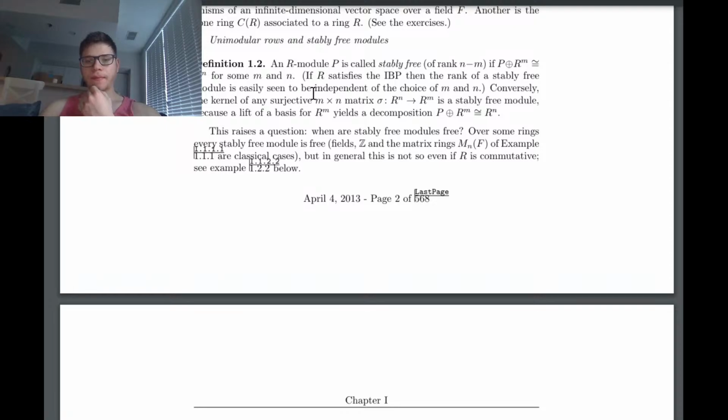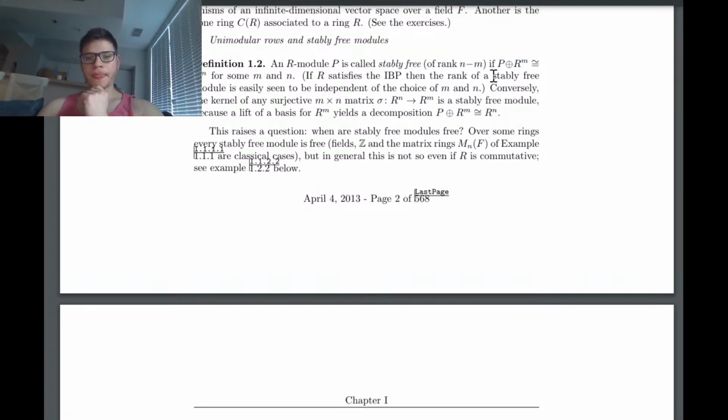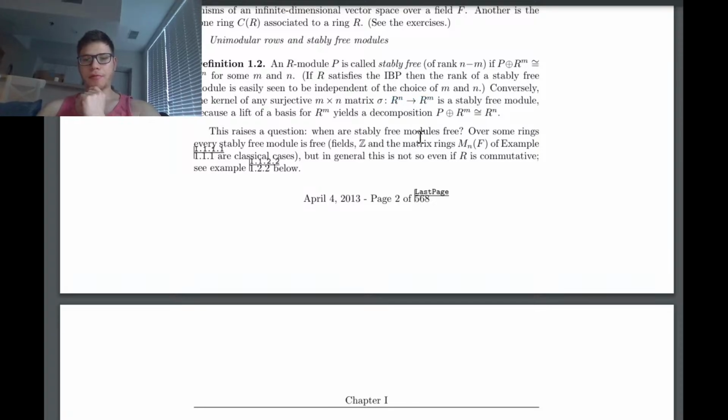P here is going to be the kernel of a matrix because you can take R^n and project onto R, and you get a matrix with kernel P. Conversely, this matrix gives a stably free module.